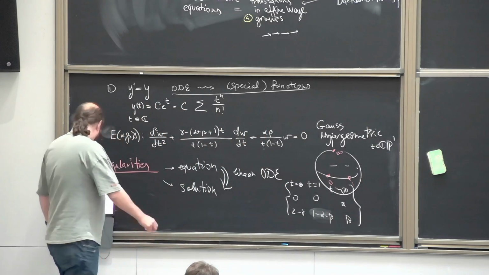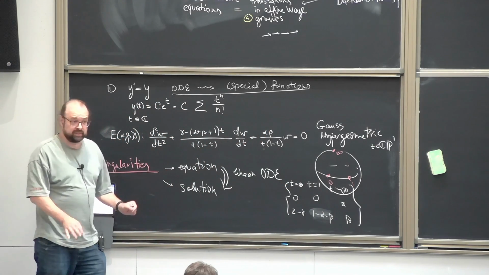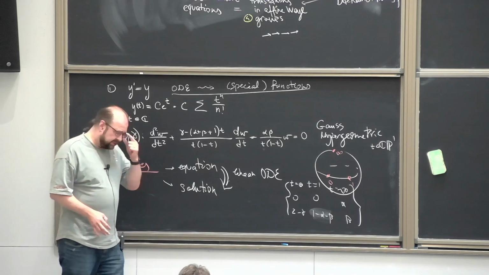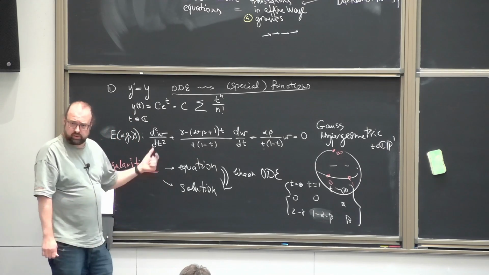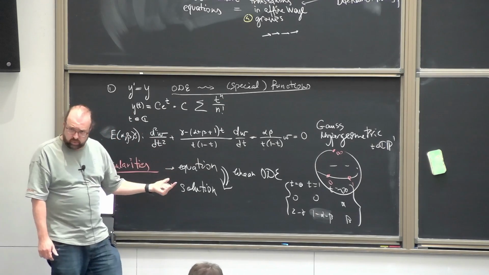So here you have your alpha, beta, and gamma as complex parameters. So in the linear case, the control over singularities of solutions is completely provided by the equation.